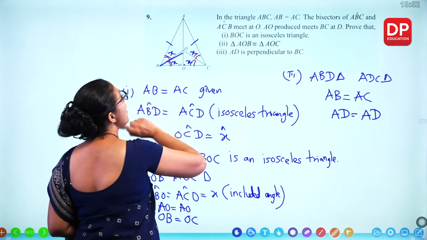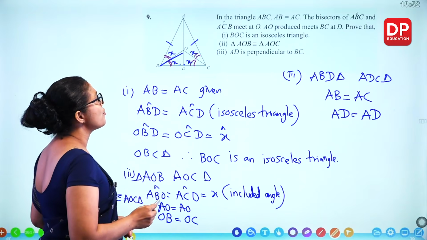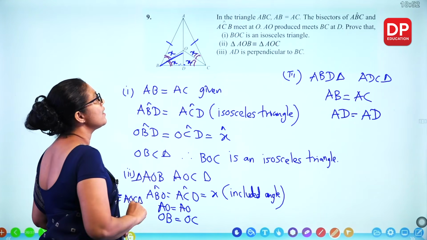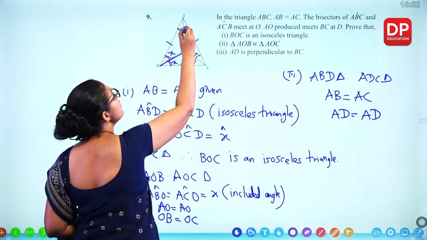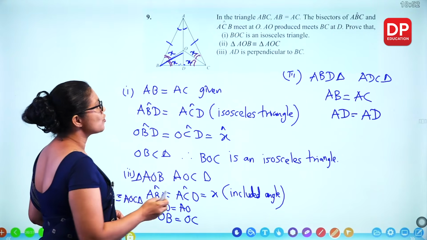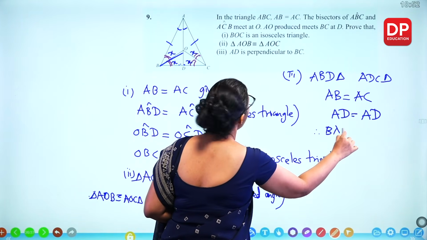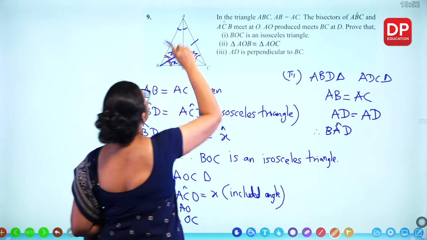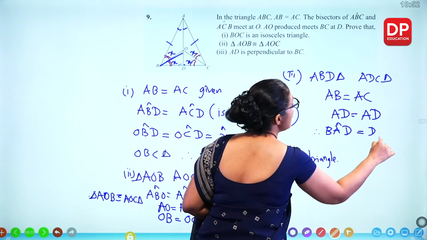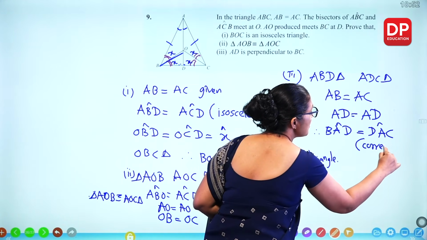So how can we find out an angle? In the second part, we found that these two triangles, AOB and AOC, are congruent. If these two are congruent, what can you tell about these two angles? These are corresponding elements. So we can write BAD angle should be equal to DAC angle because of corresponding elements.